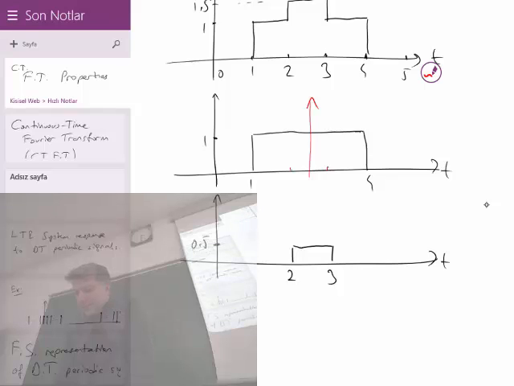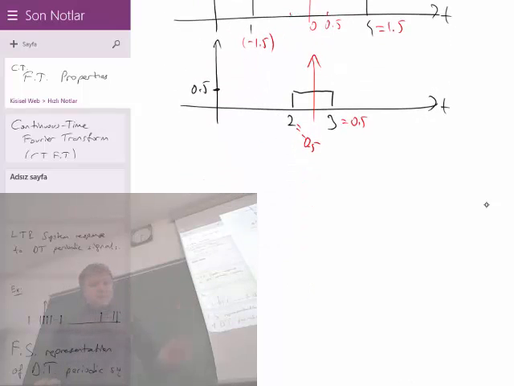Then this point will be 0, this will be 0.5, and this 4 will correspond to 1.5, and this will be minus 1.5, as I have indicated by red. Okay? So I'm drawing the shifted version of these things to the left. And I'm doing the same for this one as well. This point will be 0.5 and this point will be at minus 0.5.